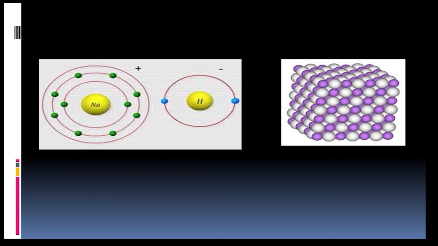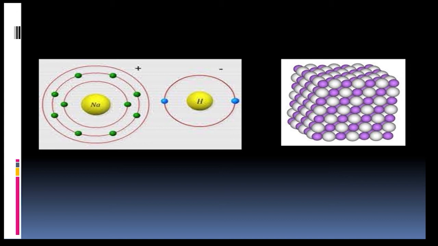Now look at this slide, the picture clearly shows the arrangement of how hydride ions and alkali metal cations arrange themselves in the lattice. On the right-hand side, the 3D lattice is shown with purple balls and white balls, which represent the arrangement of the two ions in the lattice.